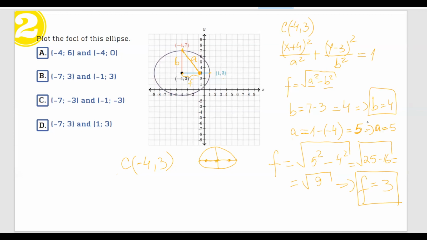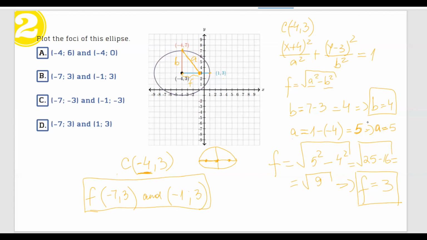So if your center is at minus 4, 3, in order to find the foci points, you have to move horizontally left and right. So you have to subtract and add the focal distance from the x component of the center. So in my case, the coordinates are going to be minus 4 minus 3, I'll get minus 7, 3, and if I go on the right, minus 4 plus 3, I'll get minus 1, 3.